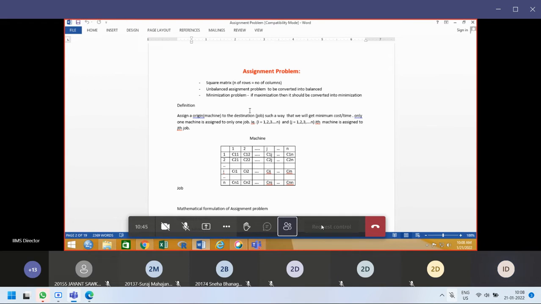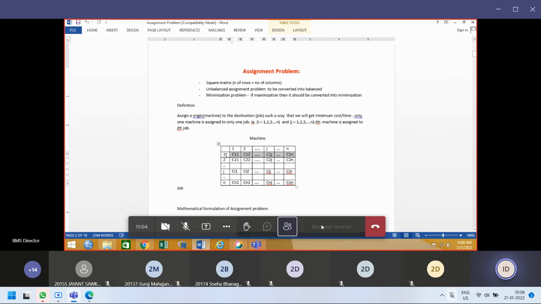Right? So here we are assigning n to n, that means one job to one machine, and while assigning one job to a particular machine, the cost matrix is given. This is called a cost matrix. C11, C12, C1j, C1n.